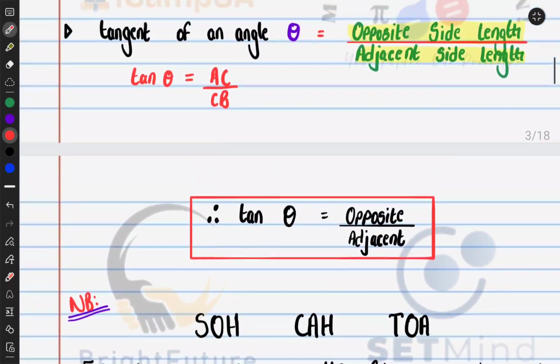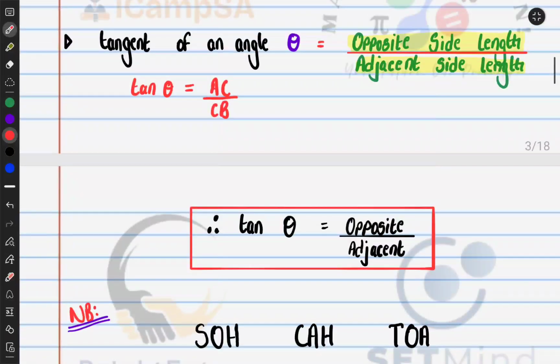Okay, so there is a way to quickly memorize the trigonometric ratios, and we use this mnemonic that you see here, which is SOHCAHTOA. And what do these letters mean, so you can quickly memorize them. The first letter in SOH stands for the sine.